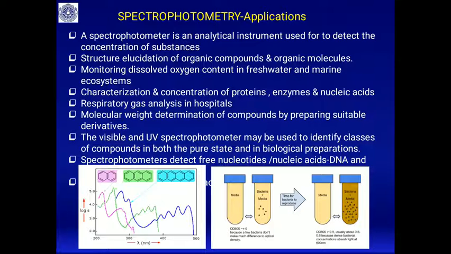There is a display where we can get the graph and the lambda, and we can assess what the organic compound is. From the peaks in this graph, we can deduce the structure.